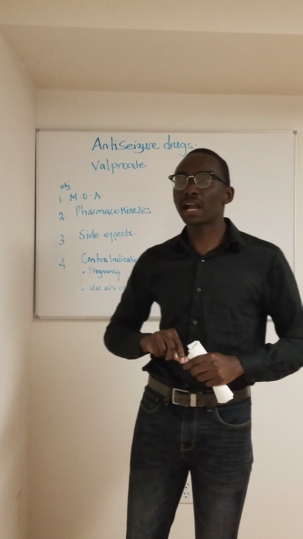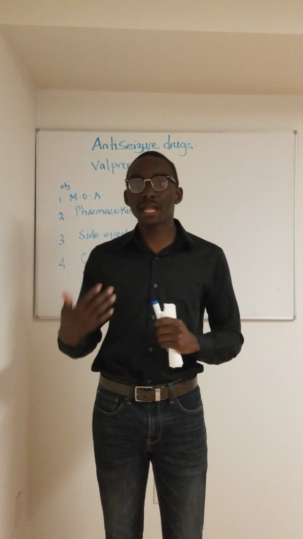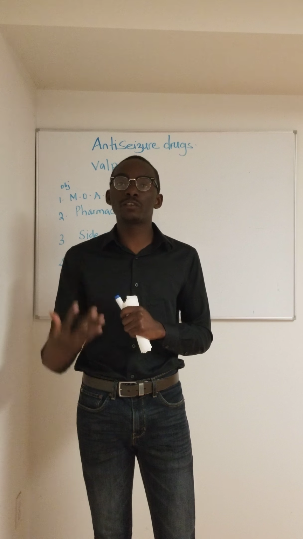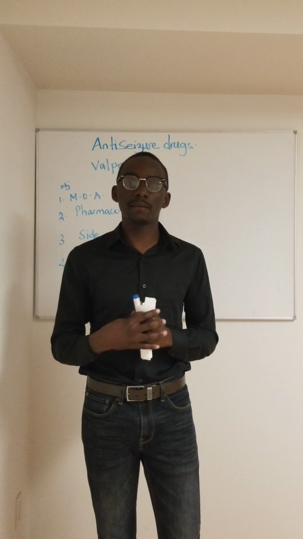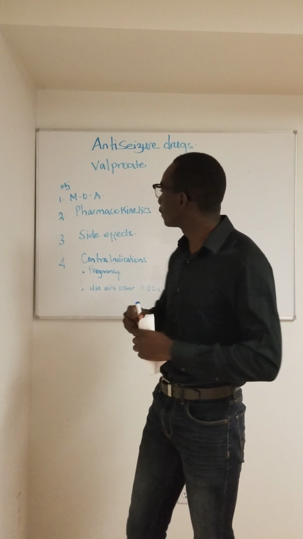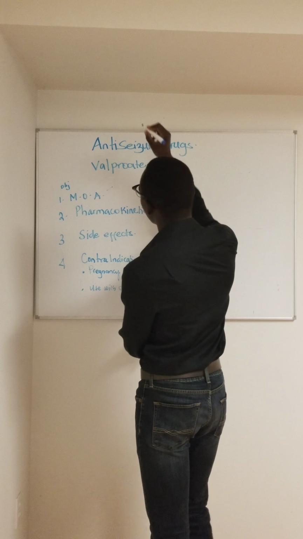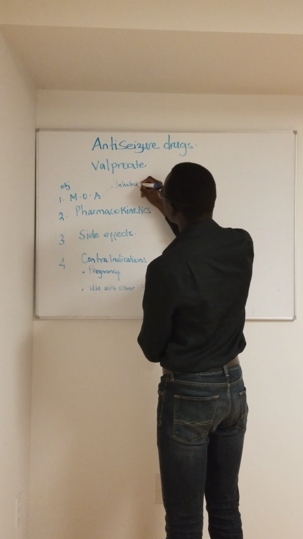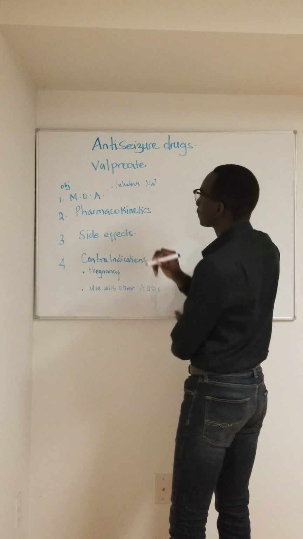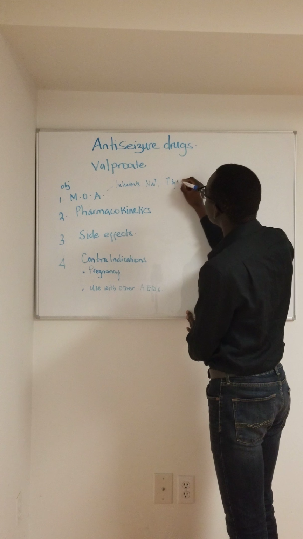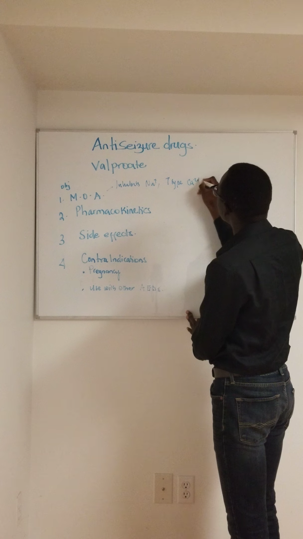This drug has multiple mechanisms of action that we are going to see, and it is thought that it's through all these mechanisms this drug has been able to do all these wonders we see. The first mechanism, we saw that Valproate inhibits the sodium channels, and also it inhibits what we call the T-type calcium channels.